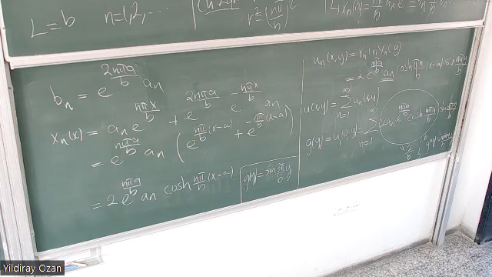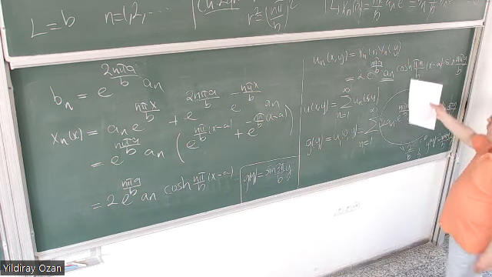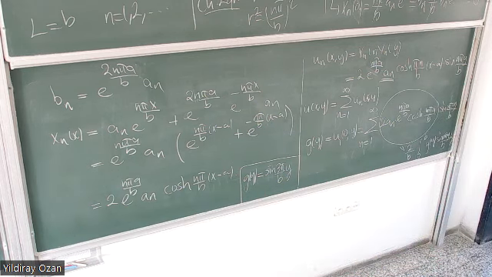İki tane A3 e üzeri 3 pi A bölü B kosinüs hiperbolik 3 pi bölü B x eksi A. Burada da sinüs n pi y bölü b, n eşittir 3 ama değil mi?